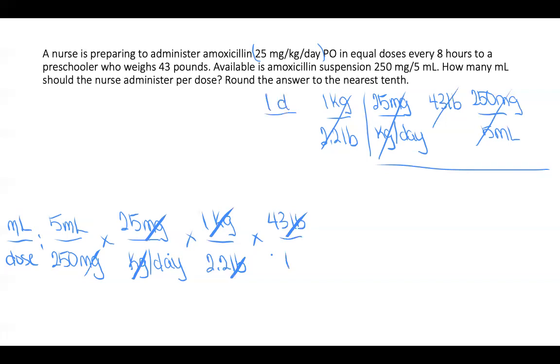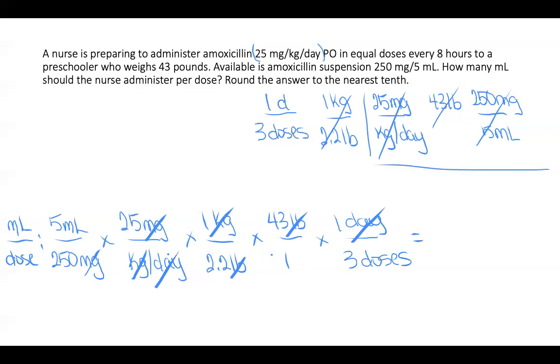So again, 1 day over 3 doses. So we're going to just plug that last conversion in, 1 day over 3 doses. Now we can cancel out that day, and we're left with milliliters per dose, which matches what we're looking for.